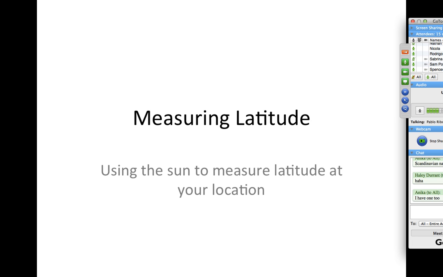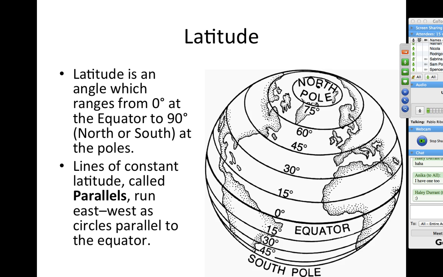All right, so let me show you one method for measuring latitude using the sun at your location. Latitude, if you remember from the lesson, is the angle which ranges from 0 at the equator to 90 degrees at the poles, both the south and the north poles.